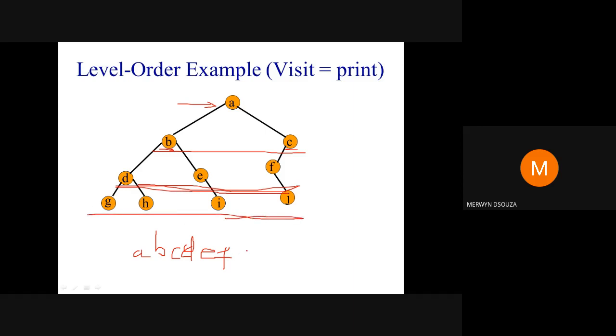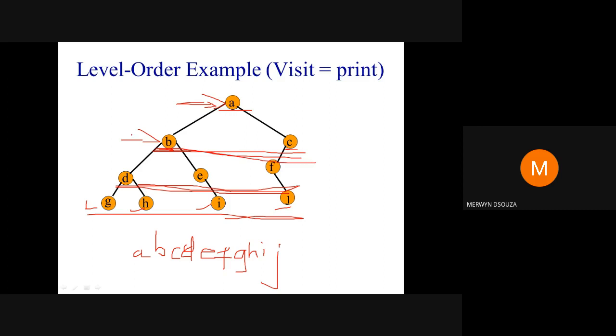So this is the last level. Visit the leftmost, start from the leftmost side first. Visit, then go to the next one, then the next one, and the last one. So this will be your level order. You start from the top. Once that level is finished, start from the left again on the next level.